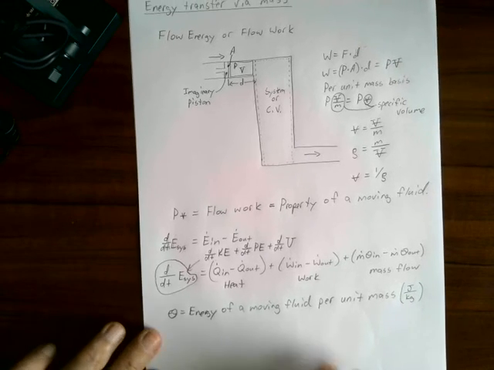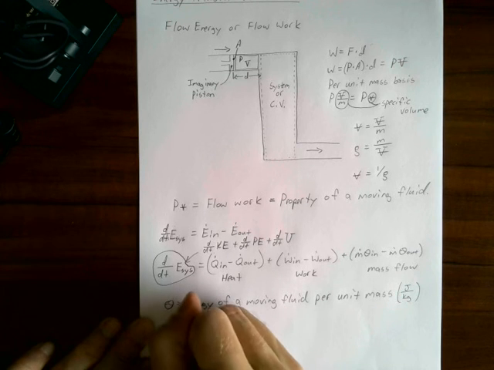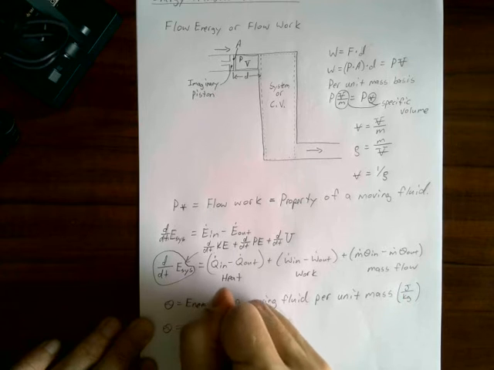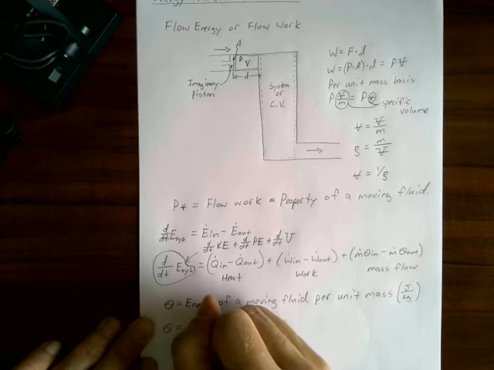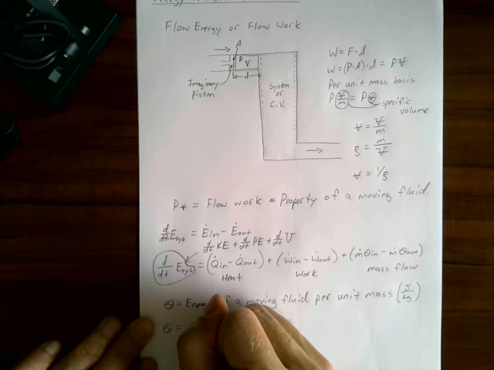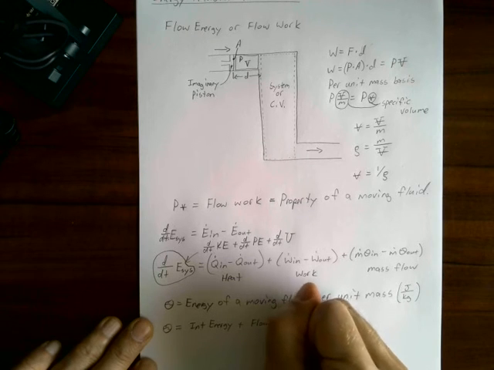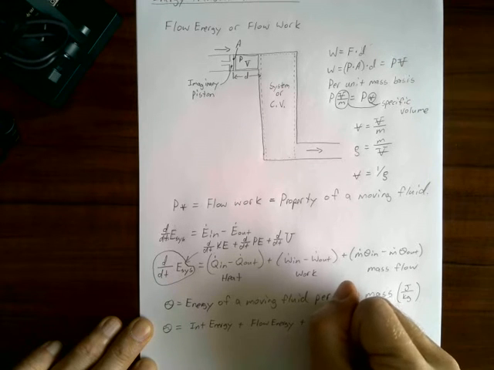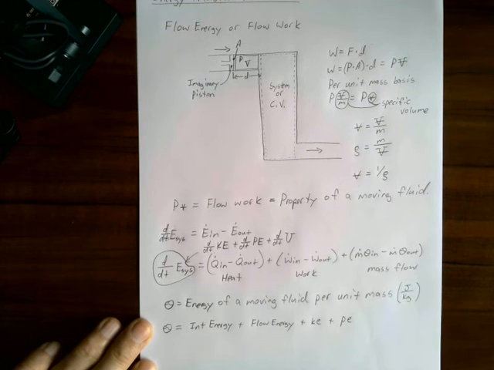All right, and so theta is equal to the internal energy of the fluid per unit mass plus the flow energy plus the kinetic energy plus the potential energy per unit mass.